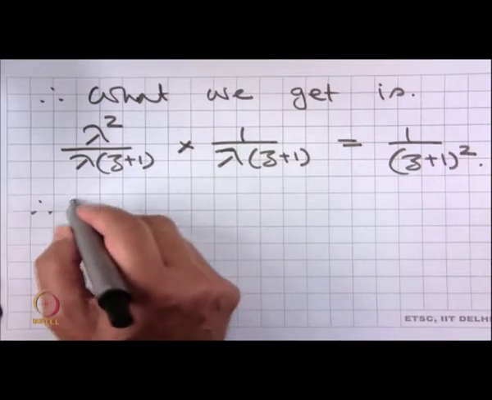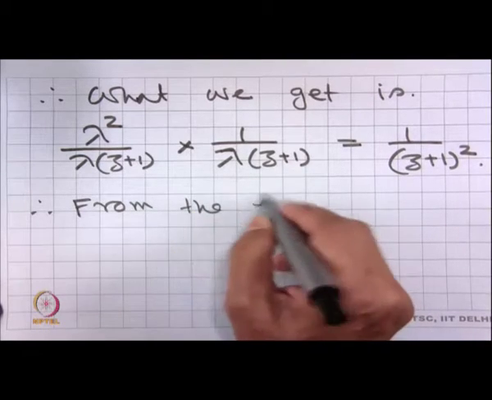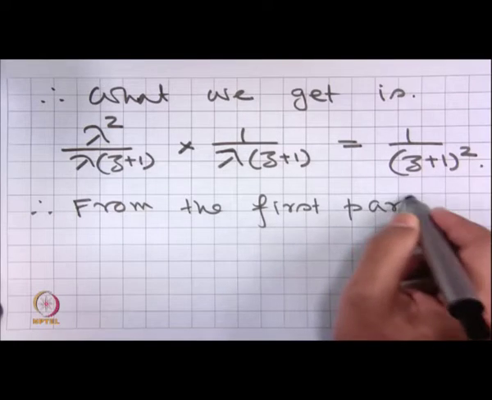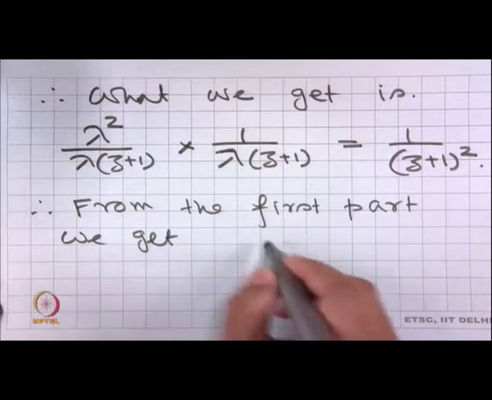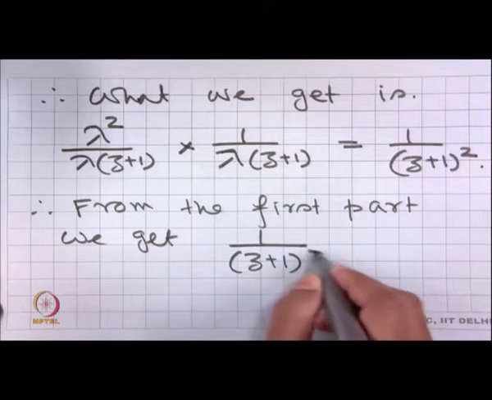Therefore, from the first part we get 1 upon (z plus 1) square.